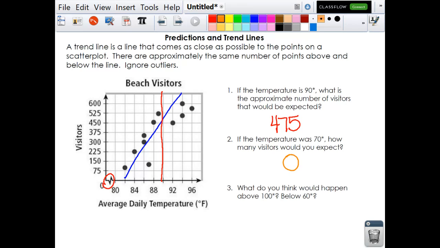Okay, so according to our trend line, it would keep rising. According to real life, how many of you want to be outside on the beach when it's 110 degrees outside? Nobody, right? I'm going to let you choose which side you want to be on, the trend line side or the real world side. I want you to write me one sentence about what you think would happen if the temperature went above 100.